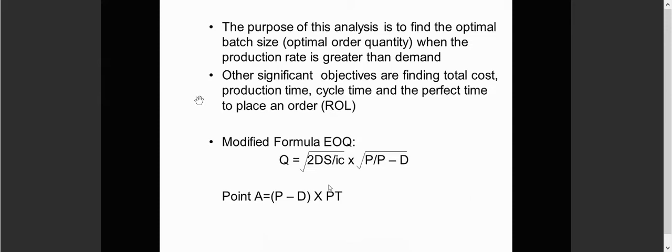The new economic order quantity based on the production order quantity is as follows: Q equals the square root of 2 multiplied by demand multiplied by ordering cost, divided by holding cost, and multiplied by the square root of production divided by production minus demand.